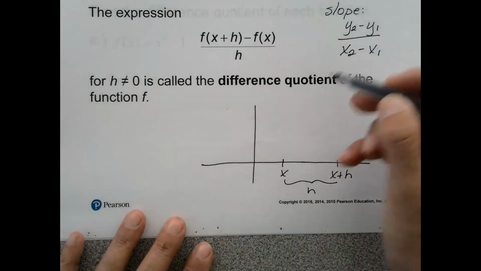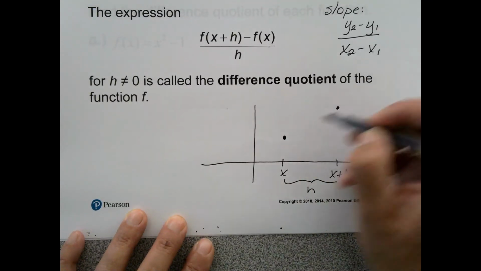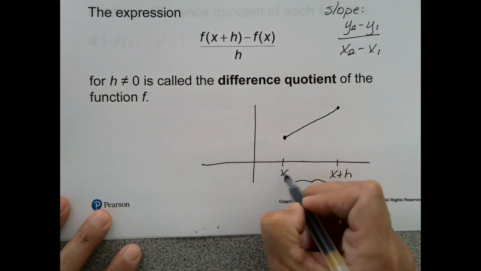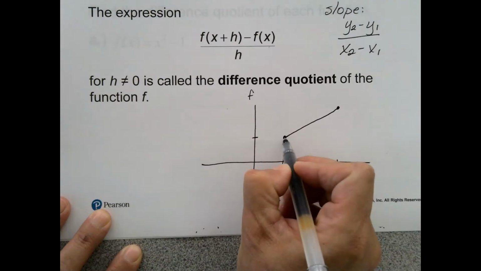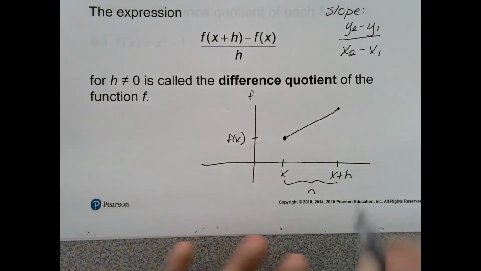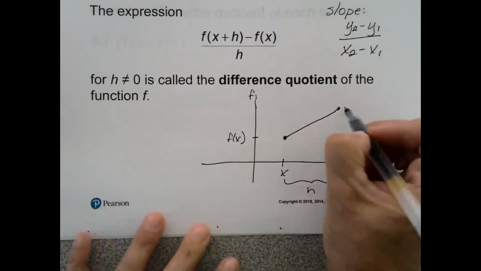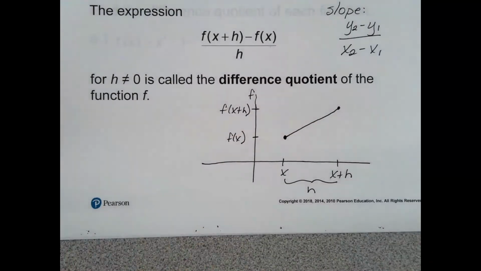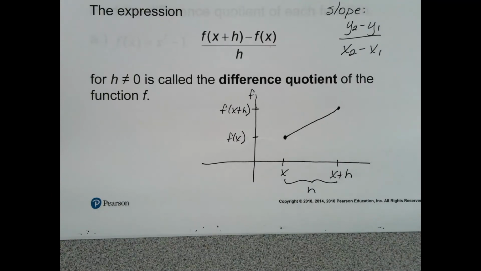And let's say that I've got a point there and a point there, and let's just make it simple, we'll make it a line. So if I plug x in, remember this is your f-axis, at this point, if I plug x in, that's f of x. If I plug in now, not just x, but x plus h, that's this point up here, so that's your f of x plus h. Those are your y values. Your y values are your outputs of plugging in the inputs.